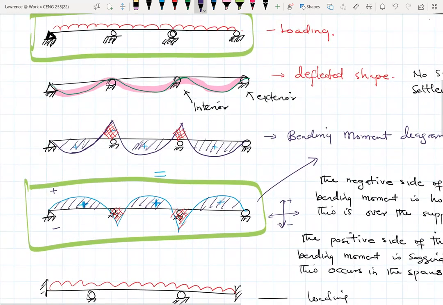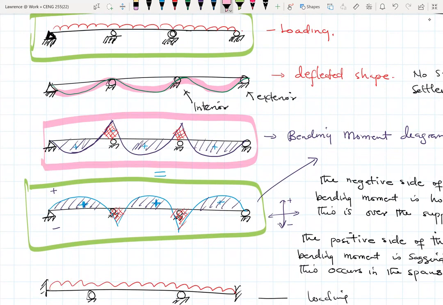Then there are also some schools of thought whereby we can draw our bending moments in this form. All right, they both are the same, whether positive is downward or upwards. The second option, or this option here, let me call it option A. Option A is preferred in most cases because it also follows the general pattern when it comes to the deflected shape.